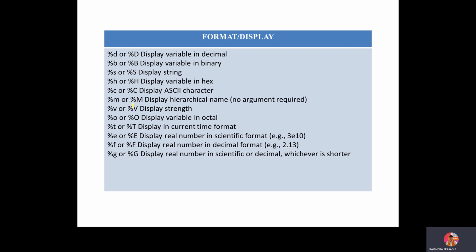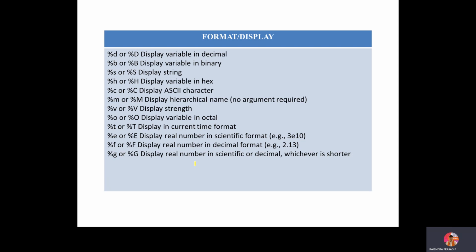Percent M displays the hierarchical name. Percent V displays strength. Percent O displays a variable in octal. Percent T displays current time. Percent E displays a real number in scientific format. Percent F displays a real number in decimal format. Percent G displays a real number in scientific or decimal format, whichever is shorter.